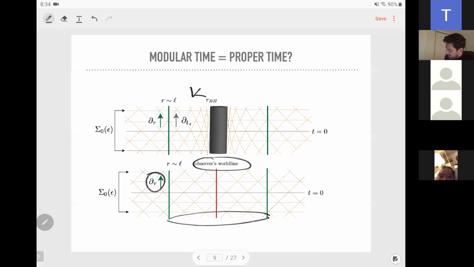The two conditions are that the size of the transverse sphere is continuous along this boundary, and the other one is that the local Killing vector of the original spacetime gets glued to the time-like Killing vector of the new interior spacetime. So the Schwarzschild clock gets glued to the proper time clock of the original observer. And therefore we conclude that the modular Hamiltonian, or the modular time, if you will, let's call it tau, is correlated to the proper time.